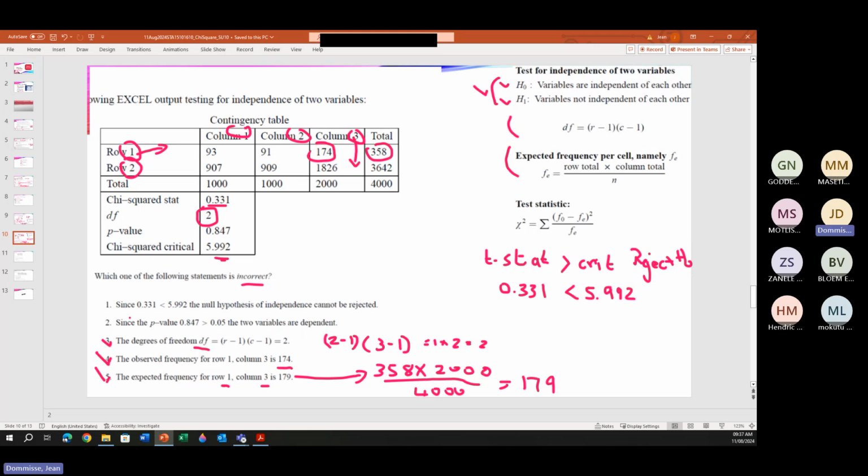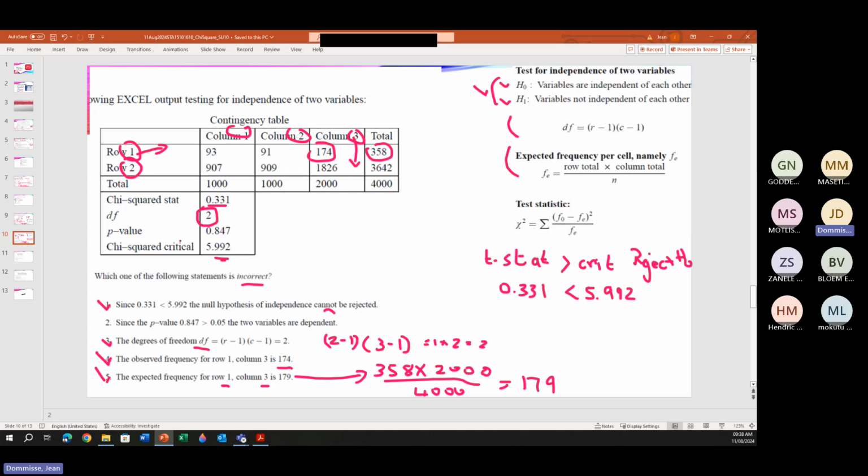Okay, so let's see, since 0.331 is smaller than 5.992, the null hypothesis of independence cannot be rejected. Okay, which is true. So we will not reject, cannot reject, correct.